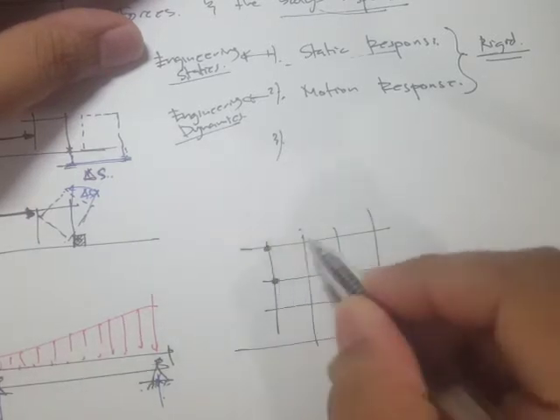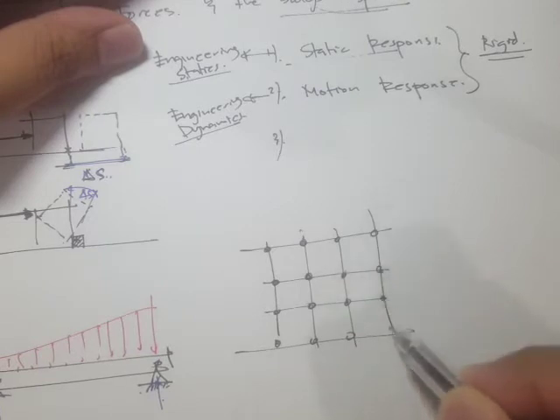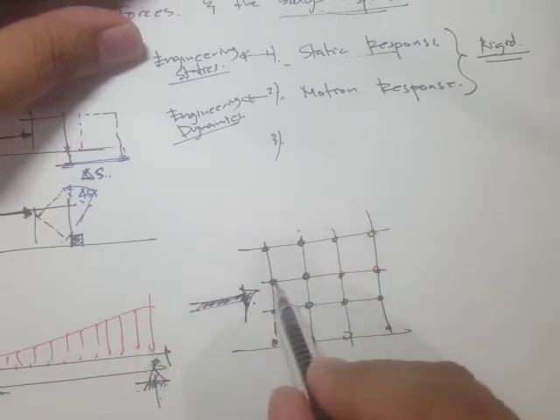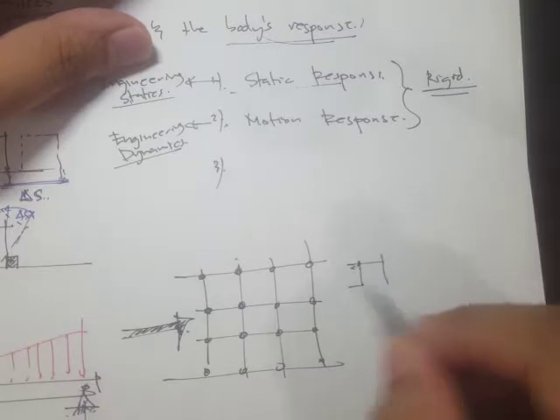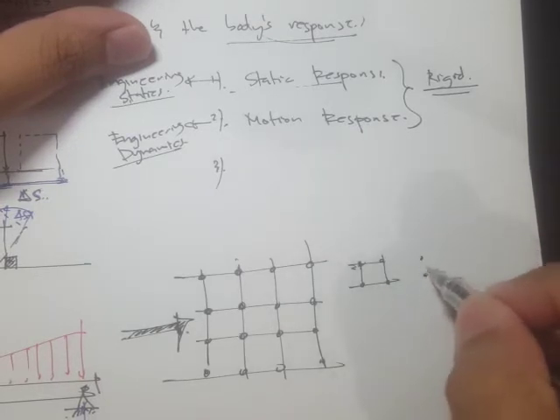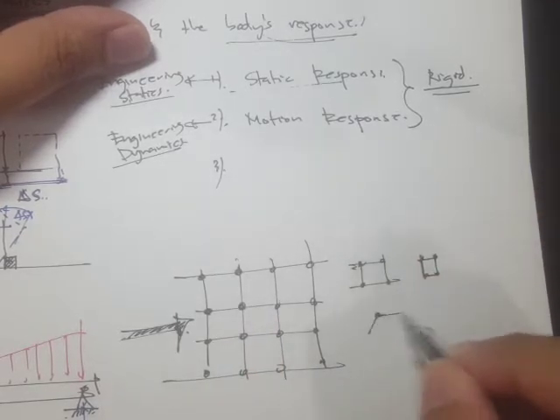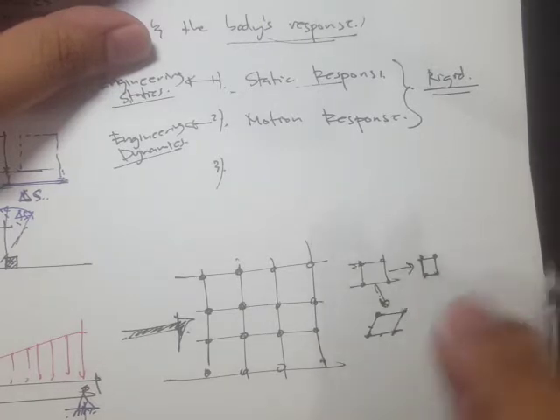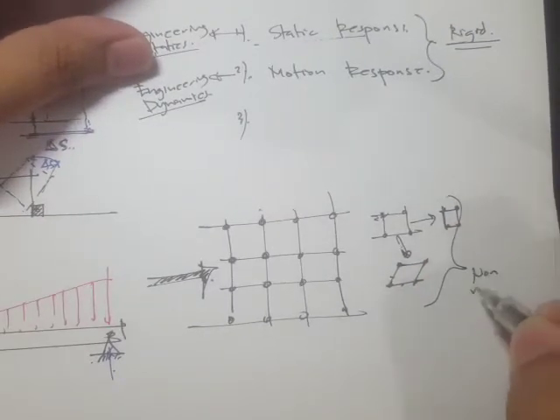Once a force is applied on this body, if there's a change in the linear distance or angular distance, so let's say initially we have these points, but after the application of force it changed to something like this, so it compressed, or there's a change in the angle, then that's what you call a non-rigid body.